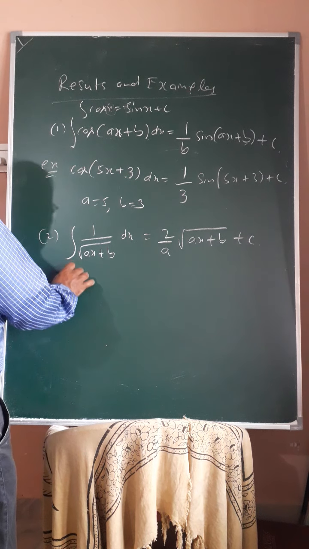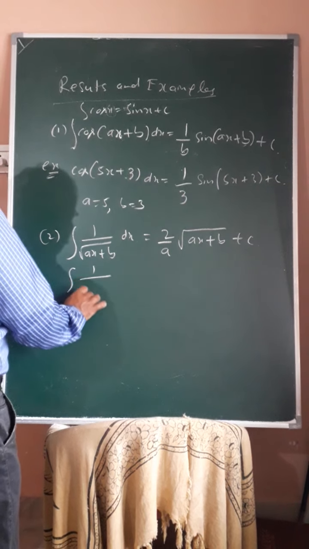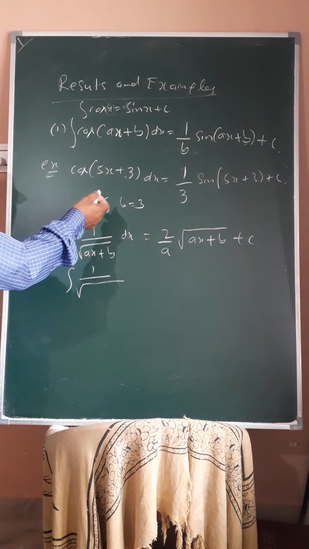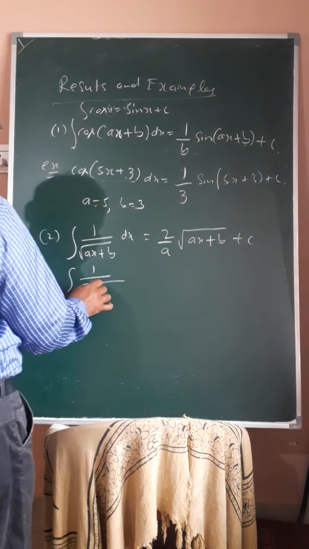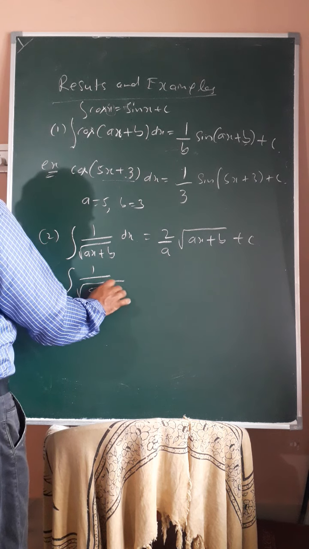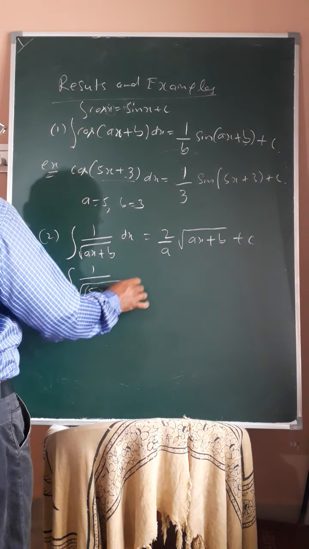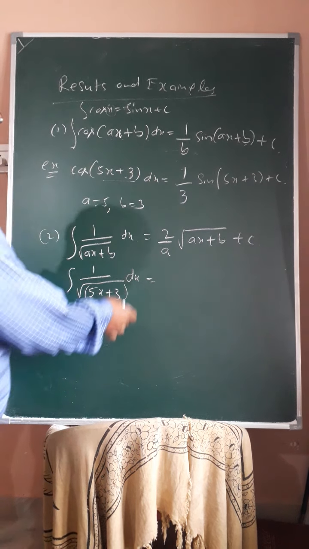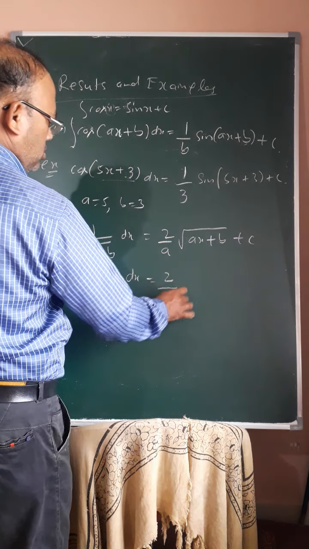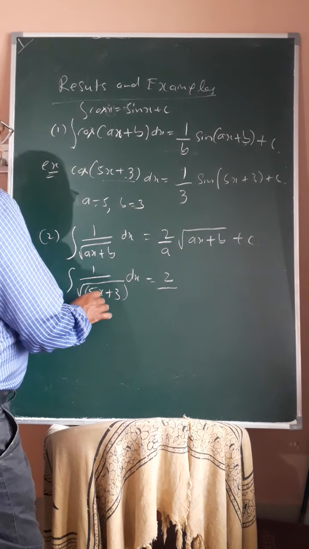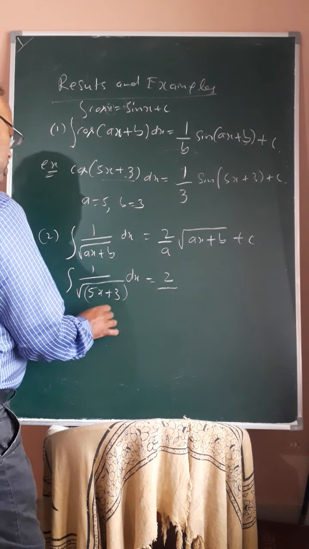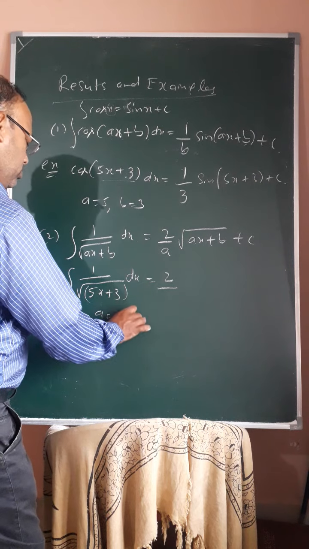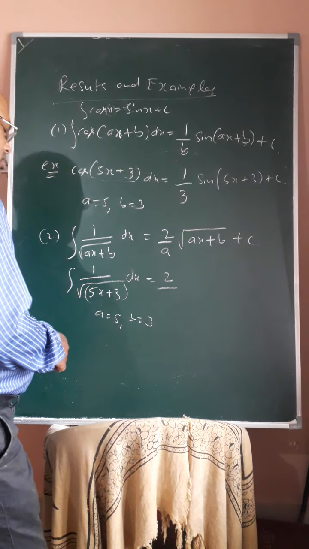So you can take an example. Similarly, you can take this only, that is 1 by square root of 5x plus 3 dx. Here 2 is as it is, divided by a, which here is again 5, and b is equal to 3.